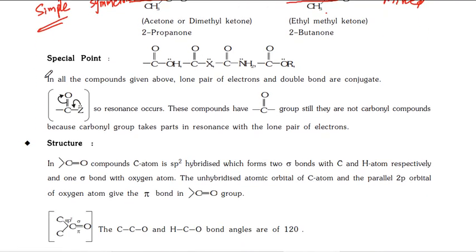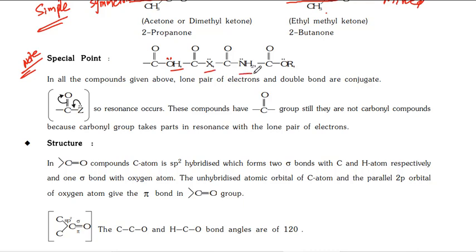Now here is an important note point. If C double bond O is attached with lone pair containing groups like OH, halogens, NH2, OR, then these are not carbonyl compounds. Here C double bond O is there, but these are not carbonyl compounds.